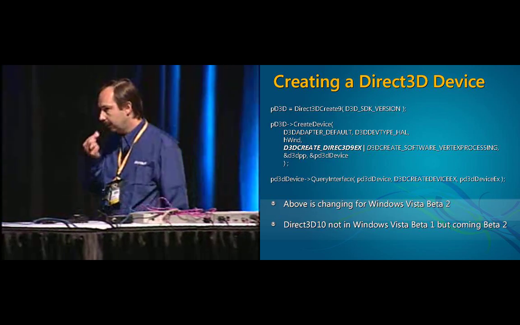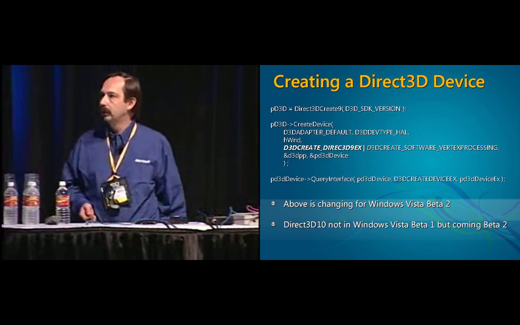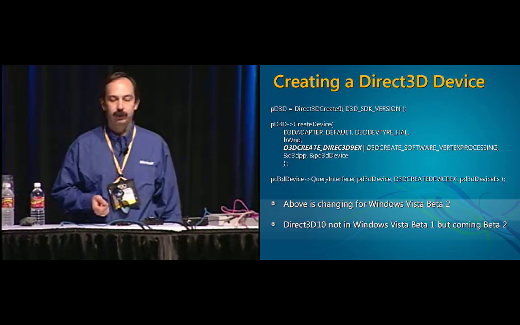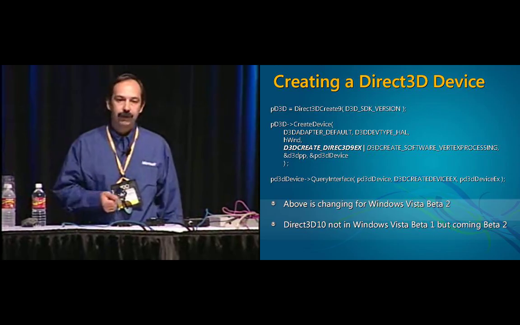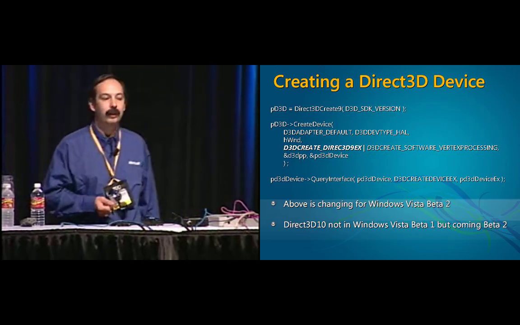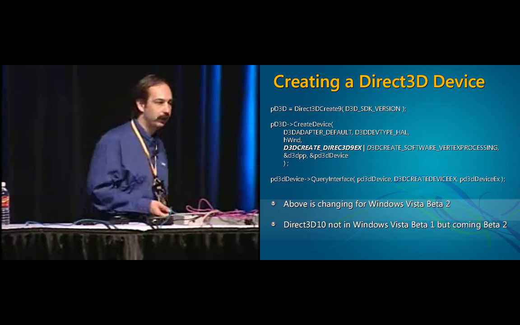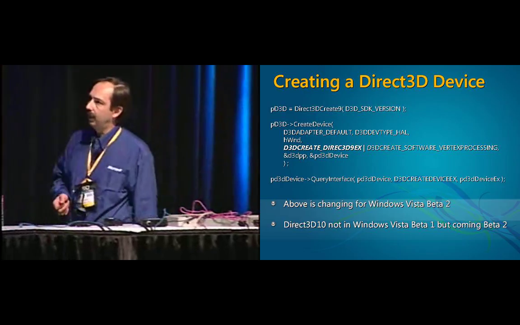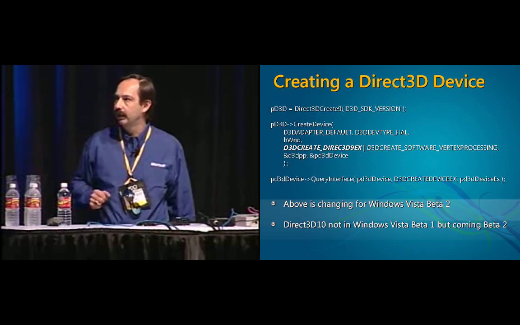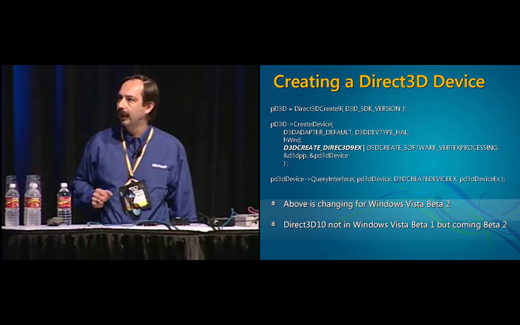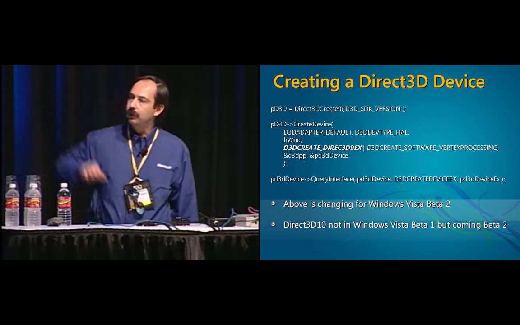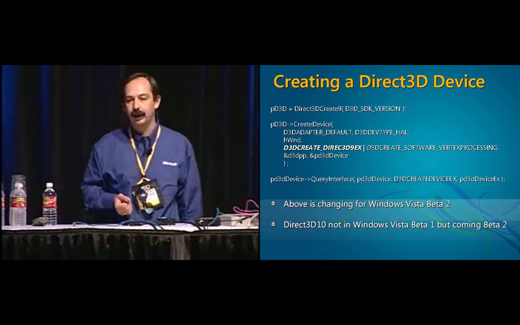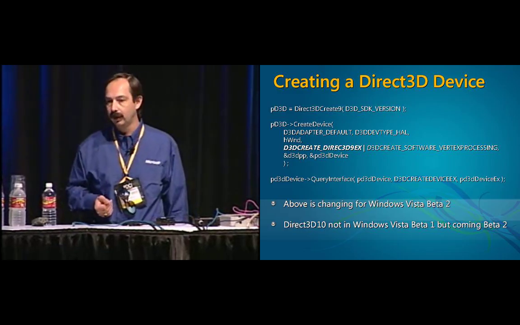First off, a lot of you will be going back home and start playing with Windows Vista and want to do some development. We have documentation in the Platform SDK for all the new APIs and extensions we've had. I'm just going to point out the only thing we've changed, this little code segment for D3D9Ex: when you create a D3D9 device, you have to say you're creating a D3D9 for Vista device.